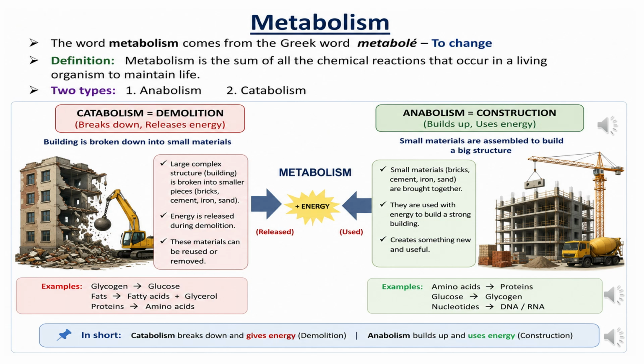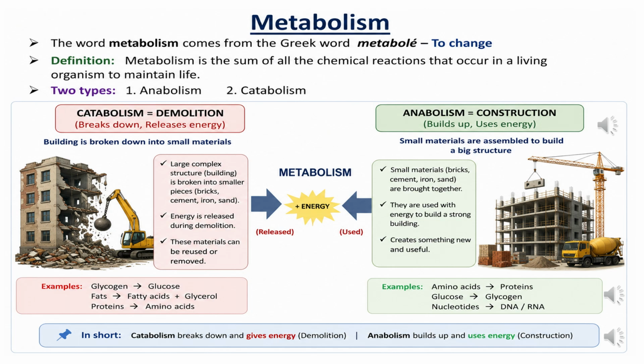In the same way, anabolism is the process in which small molecules combine to form larger, more complex molecules, and this process requires energy. Examples: amino acids to proteins, glucose to glycogen, nucleotides to DNA and RNA. So, anabolism equals building up plus energy required.